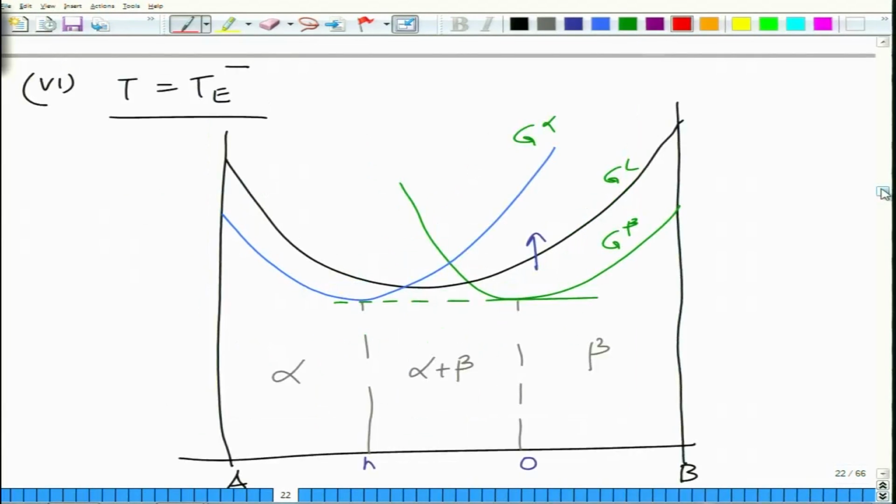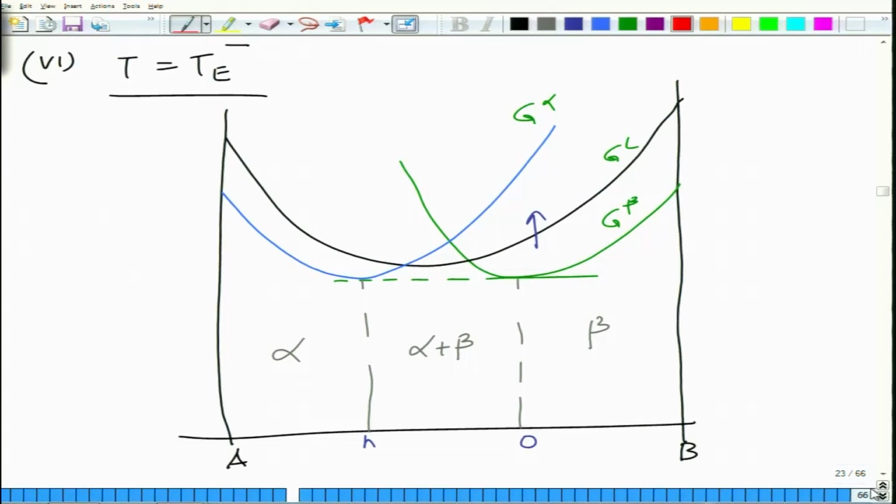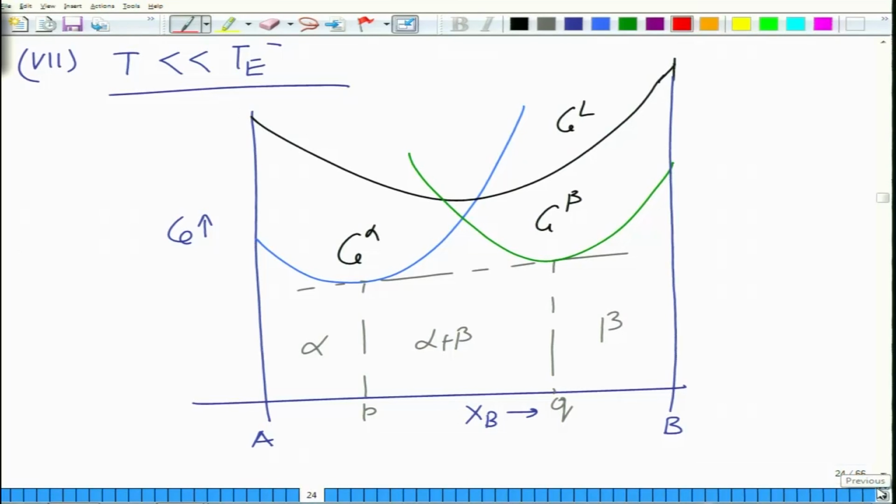The moment you go slightly below the eutectic temperature, the liquid curve shoots up with respect to alpha and beta, and what we have is a two phase equilibrium: alpha, alpha plus beta and beta. And then when you go to further lower temperatures, what we have is widening of this alpha plus beta regime, and alpha and beta again narrow down a little bit because of decreasing solid solubility in the solid phase.